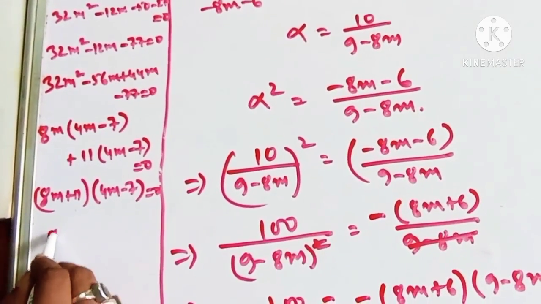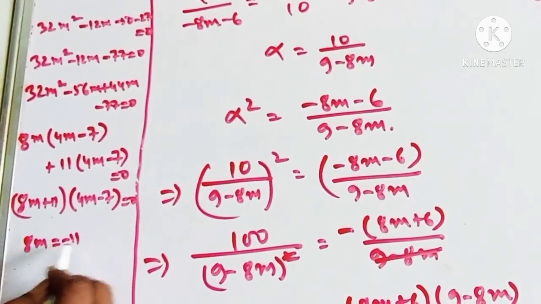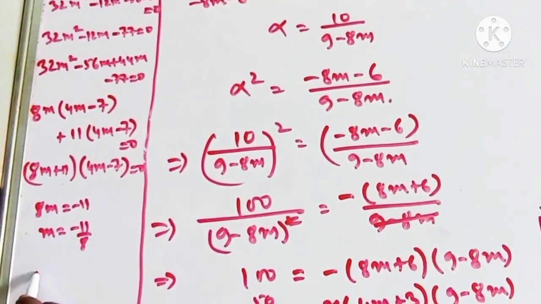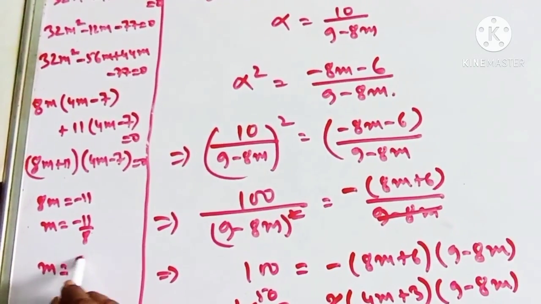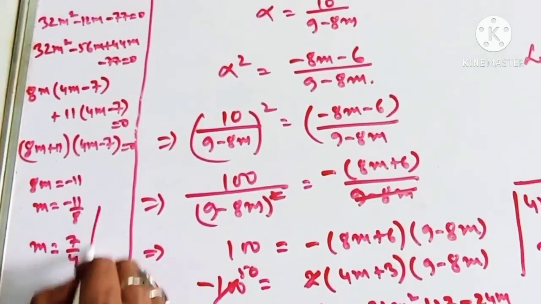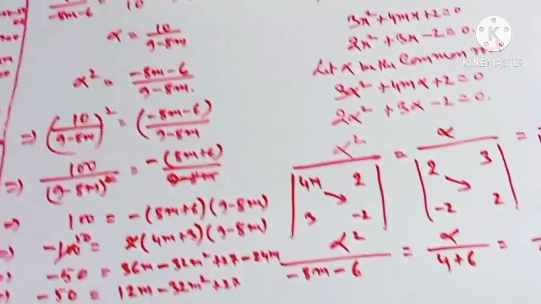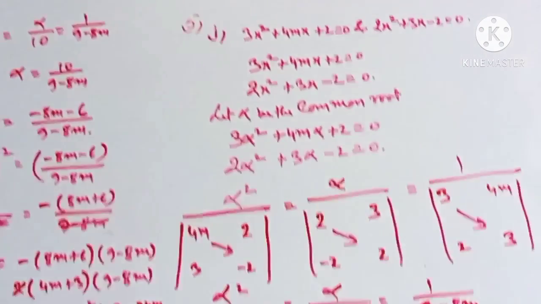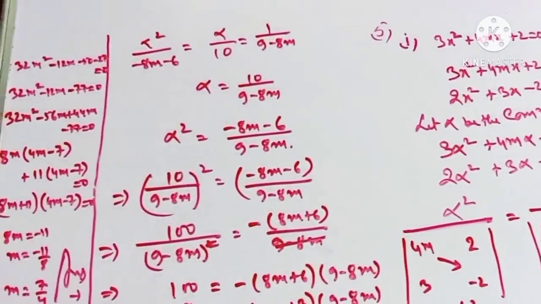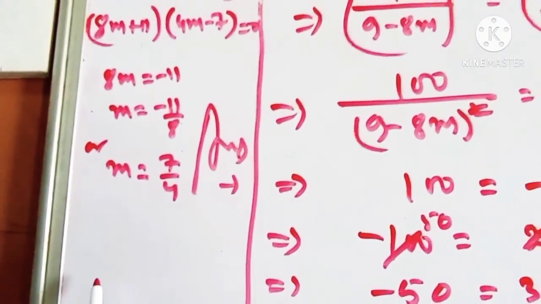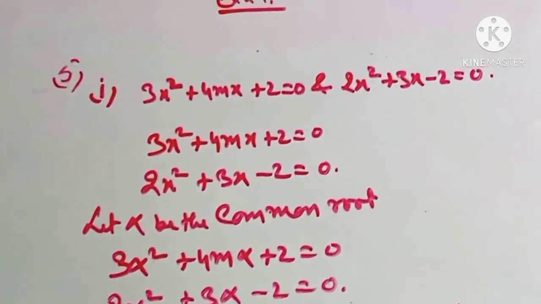So 8m is equal to minus 11, m is equal to minus 11 by 8, and the other is m equal to 7 by 4. So these are the answers. Let me check the answer. m is equal to 7 by 4 or m is equal to minus 11 by 8. This is your answer. So this is the solving of this question.